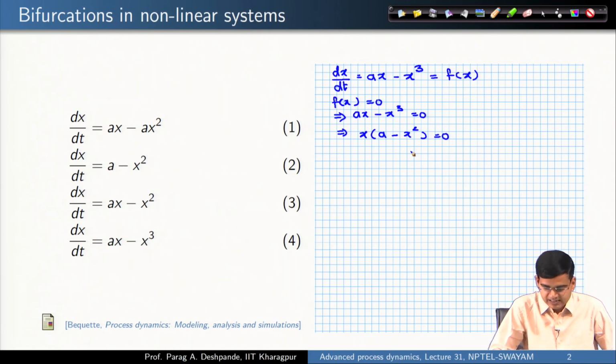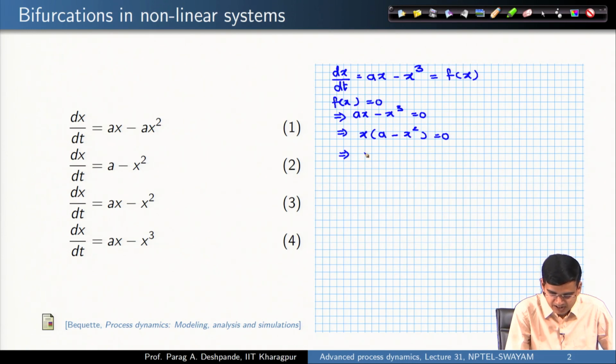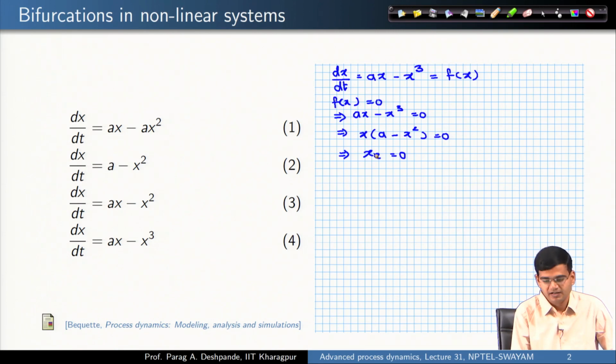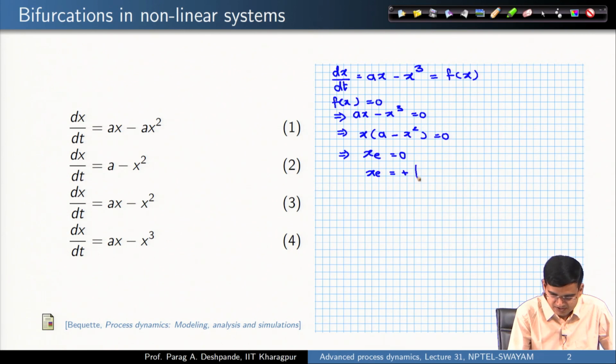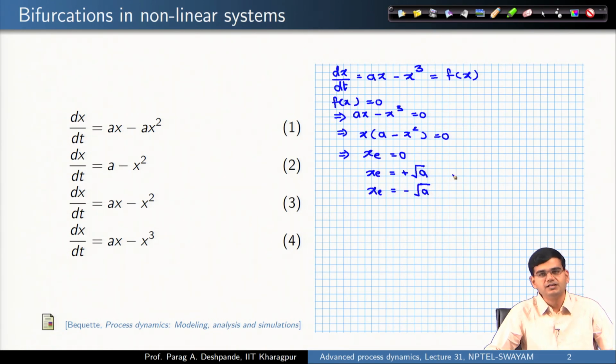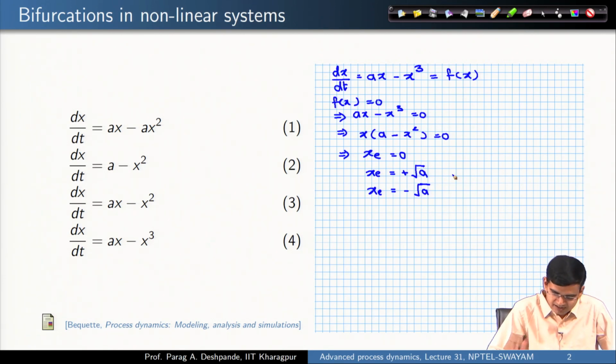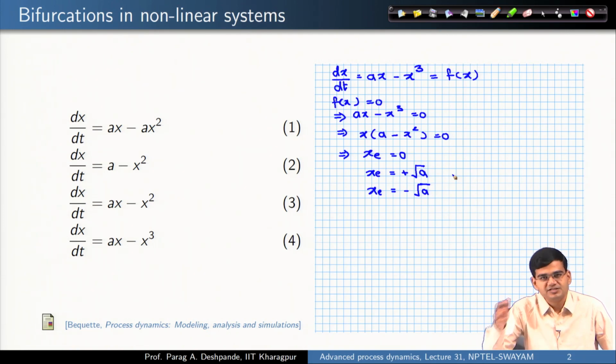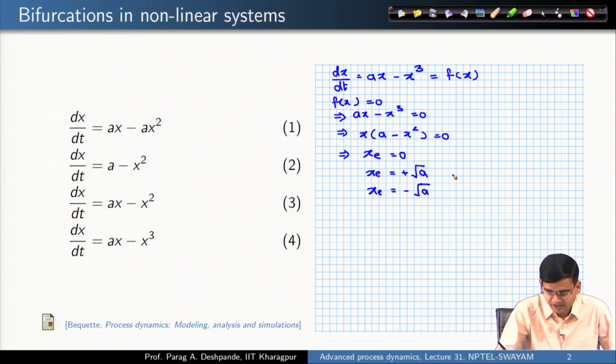So, now if this is the case, then I get my first equilibrium solution as 0, I get my second equilibrium solution as plus root a, and I get my third equilibrium solution as minus root a. Okay. So, before I decide anything about the stability, let us first draw the various portions of the bifurcation plot itself.